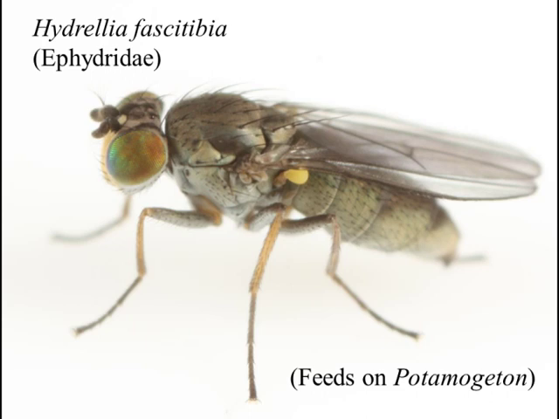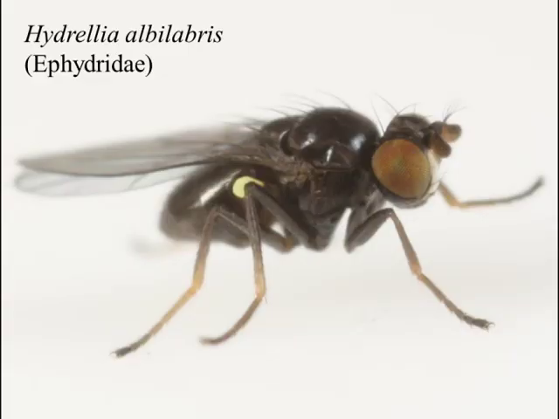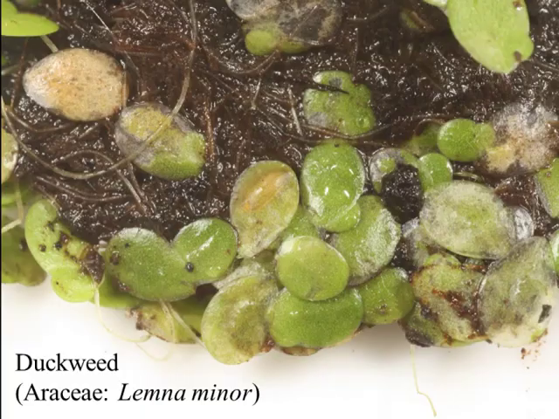And this illustrates a problem with Hydrellia host records, which is that many species have the habit of, when they're finished feeding, they'll swim to some random plant and make a short mine, just a centimeter or so long, without feeding, just for the purpose of forming their puparium. Hydrellia albilabris is a European species that wasn't known in North America until I collected a pinch of duckweed in Maine just to identify it, and when I was looking at it under the scope, I noticed some larvae inside the thalli.